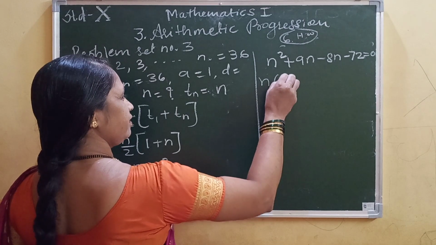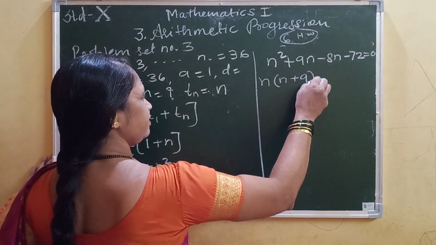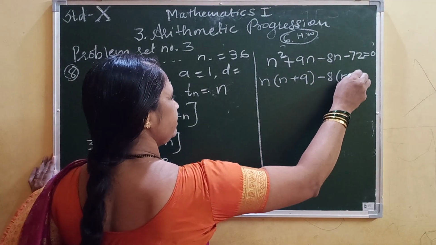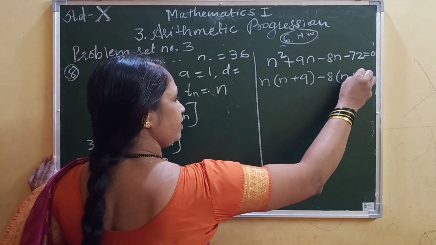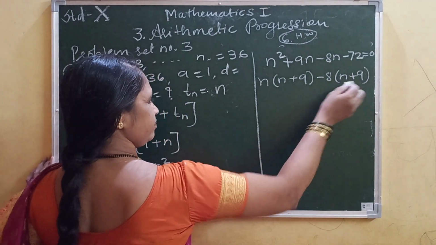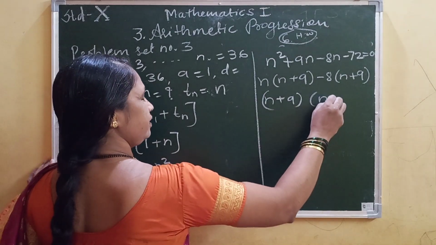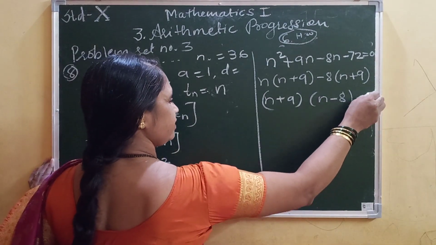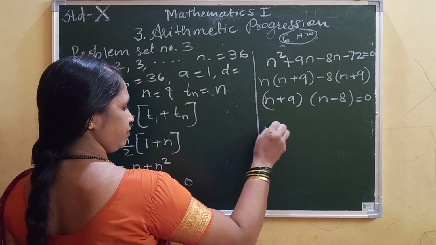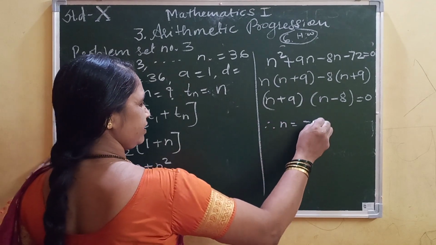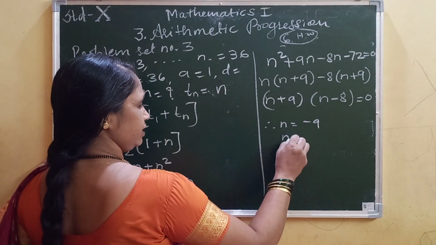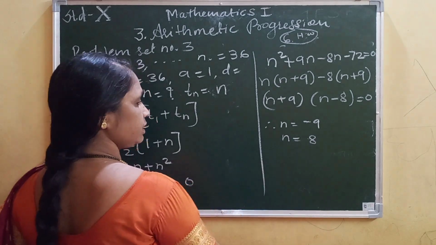Means n(n plus 9) minus 8(n plus 9). Okay, means n plus 9 is one factor and n minus 8 is one factor. Therefore n is equal to minus 9 or n is equal to plus 8.